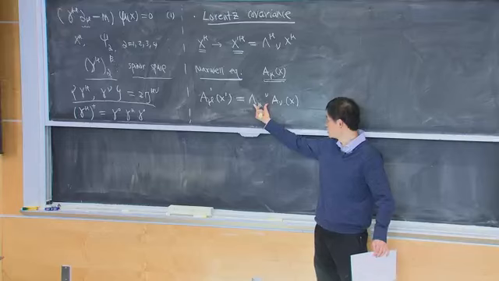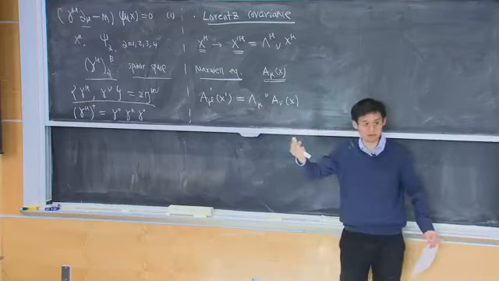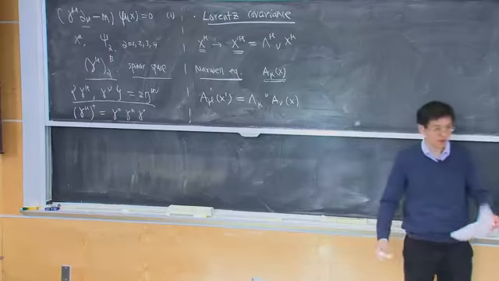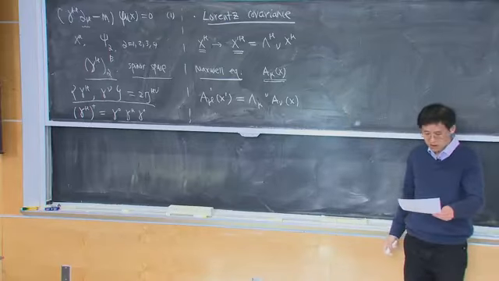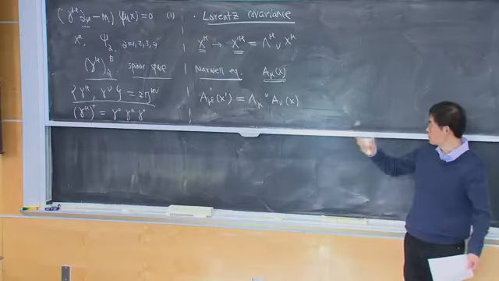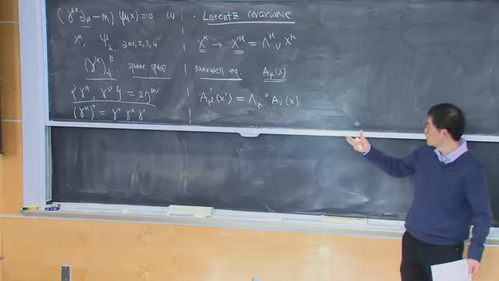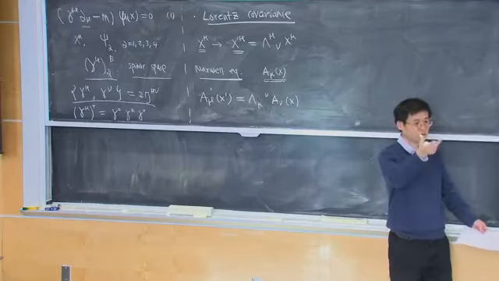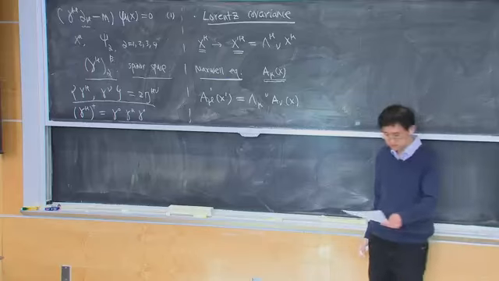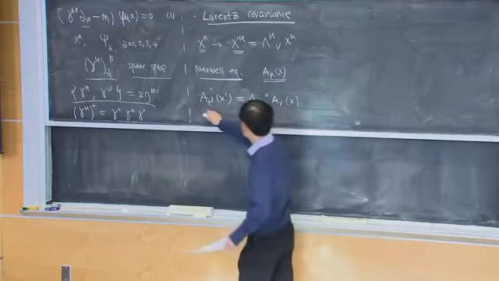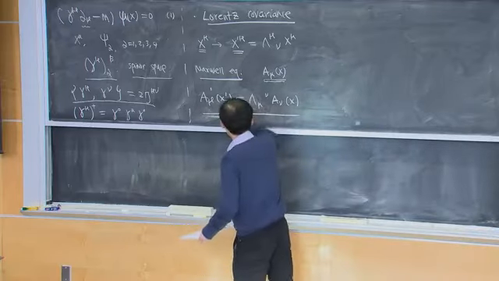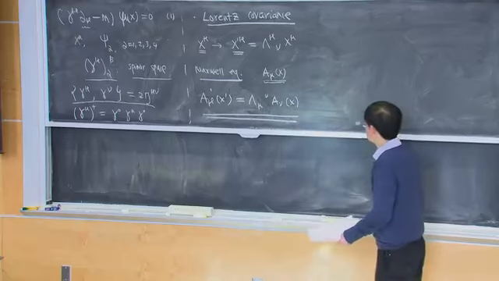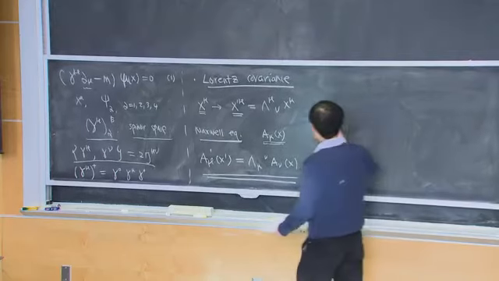This linear superposition is itself a Lorentz transformation because A^μ is a vector. So under a Lorentz transformation, the different components of A^μ also change.